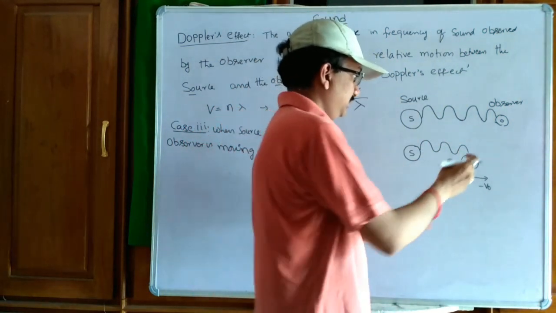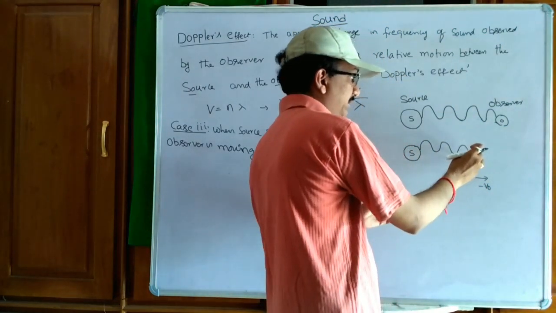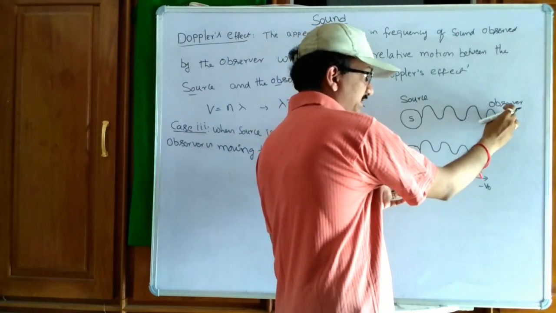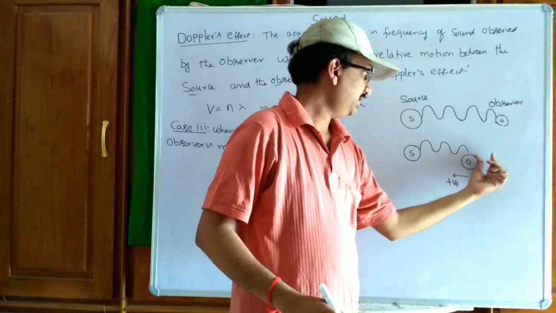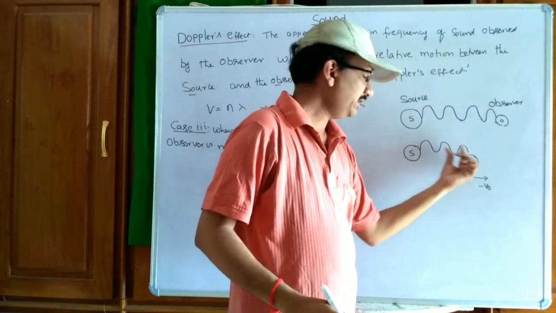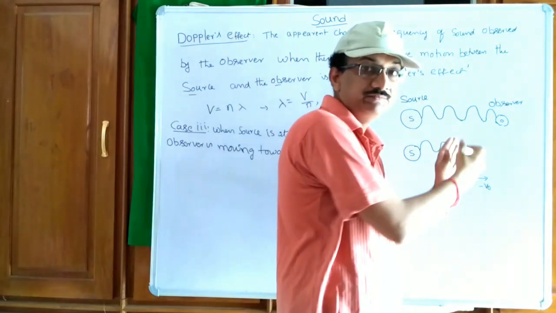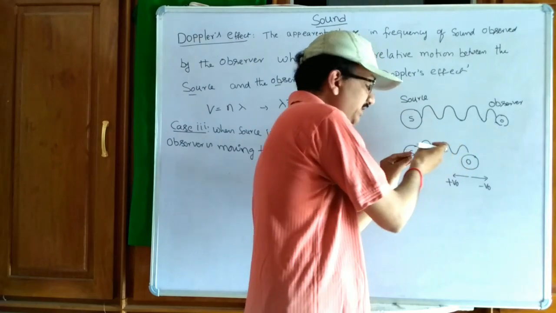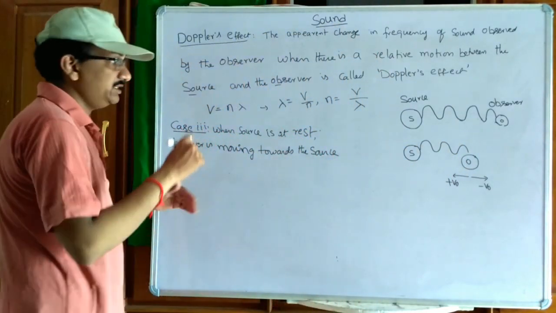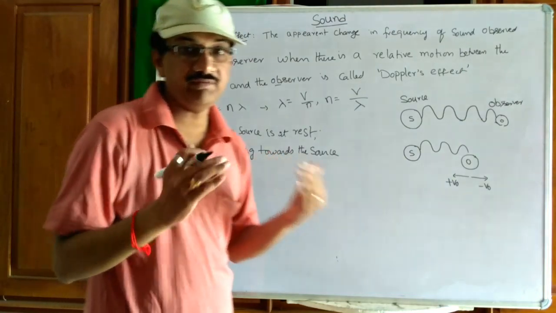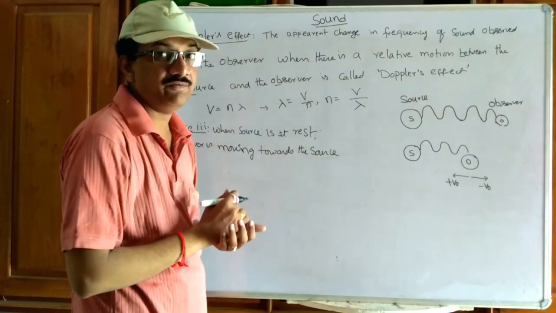That means here from this place to this place, he came here. At this particular place, he was receiving 4 waves, but here there are 3 waves. That means he already received one more wave, that means which is nearer to the source. Then what happens? Here there is no change of any wavelength. The wavelength is as it is, but he was receiving more waves.